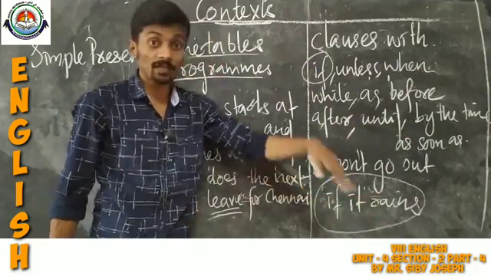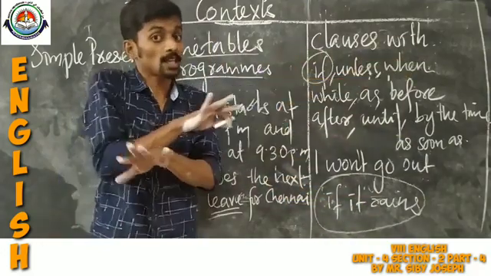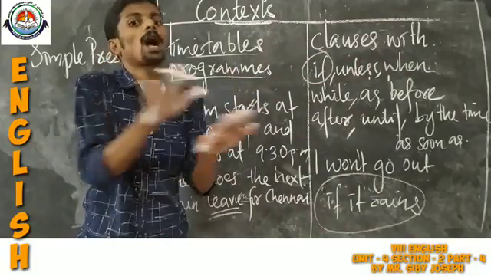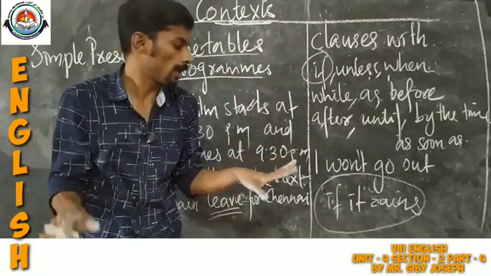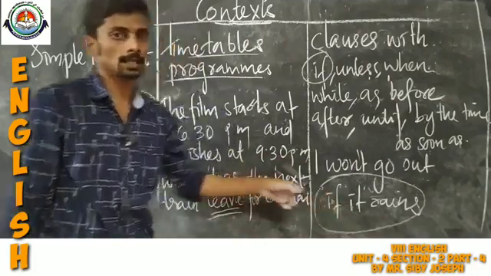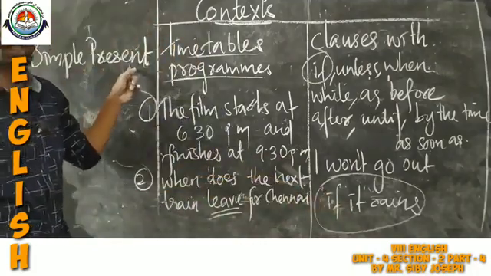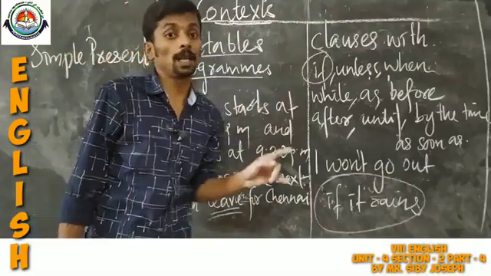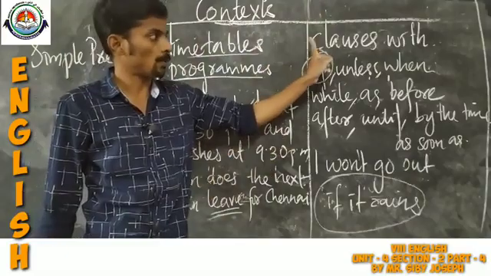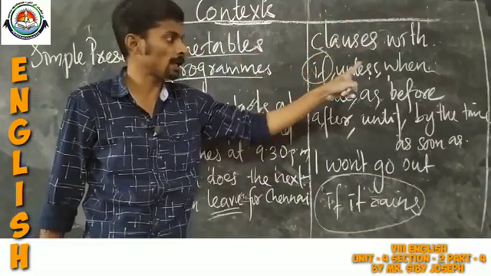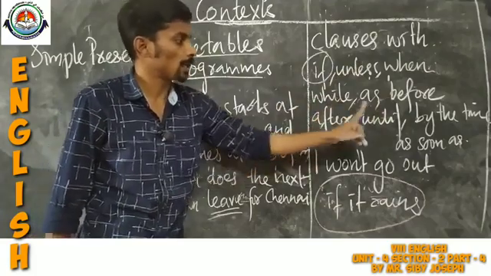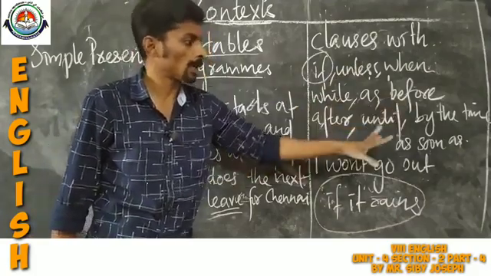That means if it rains, it is not raining now, it will be raining. If it will be raining, I won't come out. So in that context, simple present is used with a future meaning. The context is clauses with if, unless, when, while, as, before, after, until, by the time, as soon as.